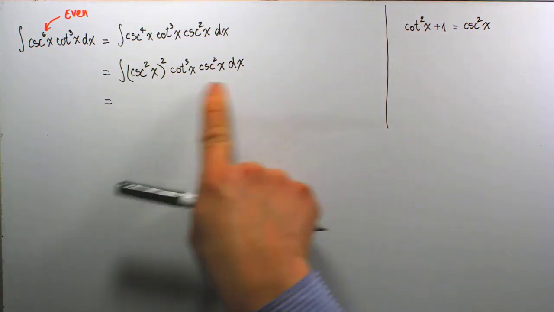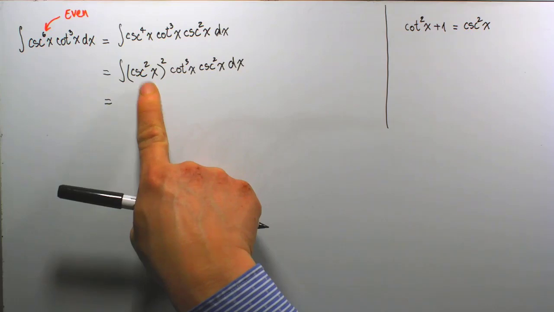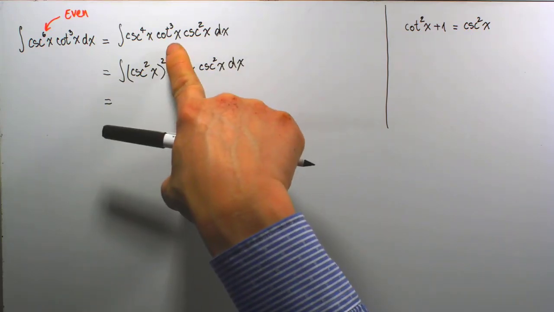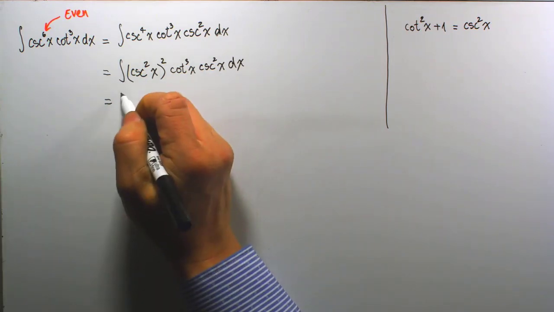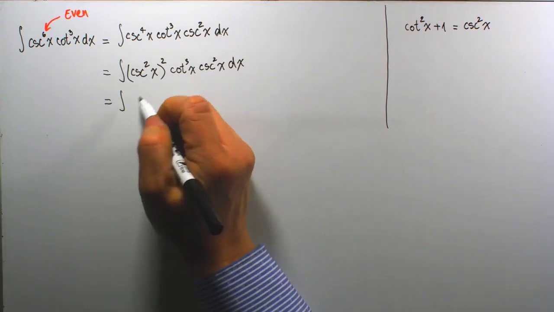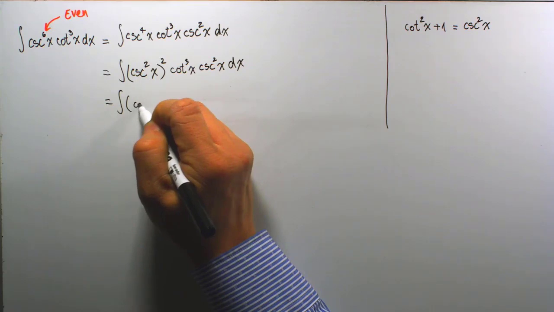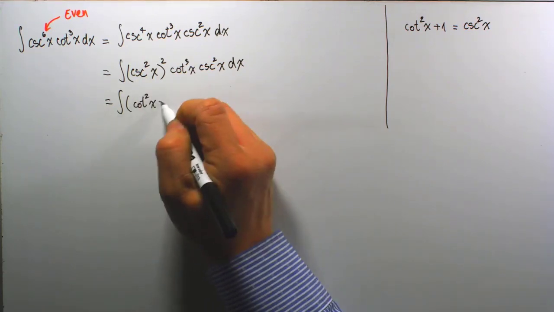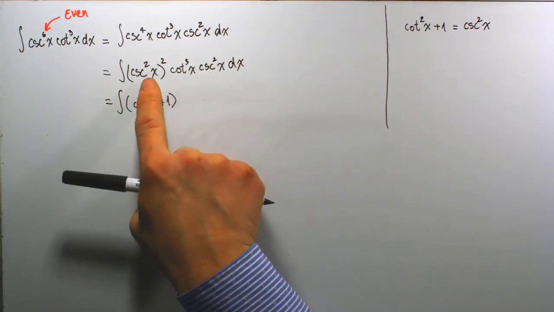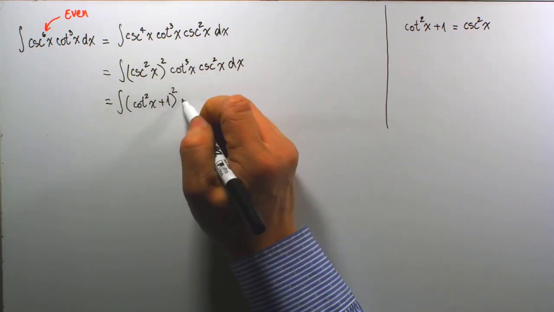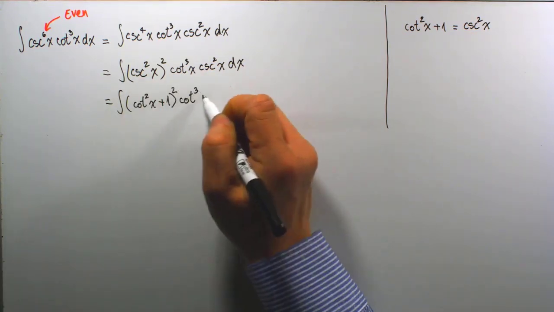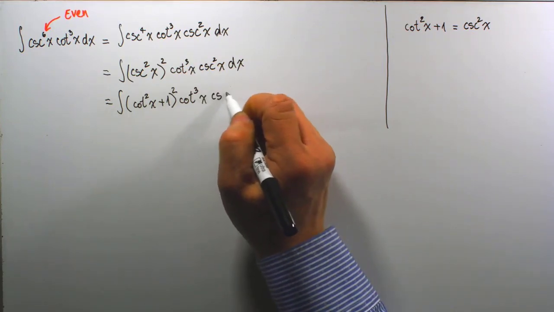But be careful that I substitute that for this cosecant square that's inside another power, instead of for this cosecant square right there. So I will rewrite my integral as cotangent square of x plus 1, substituted in for that cosecant square of x from the previous step, squared, times a cotangent cube of x times a cosecant square of x.